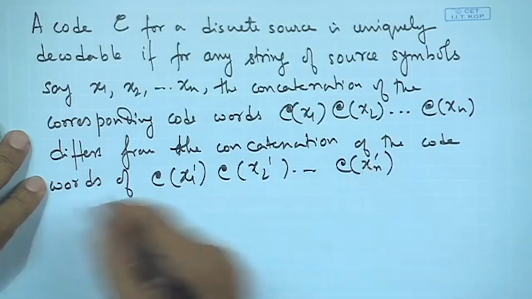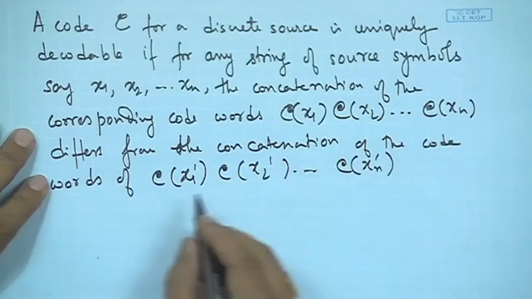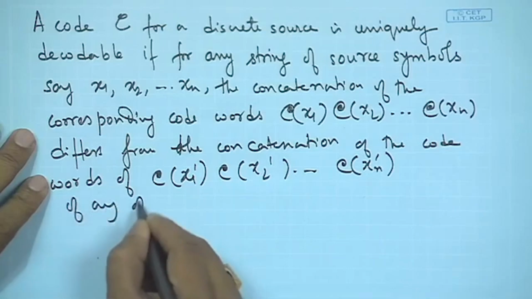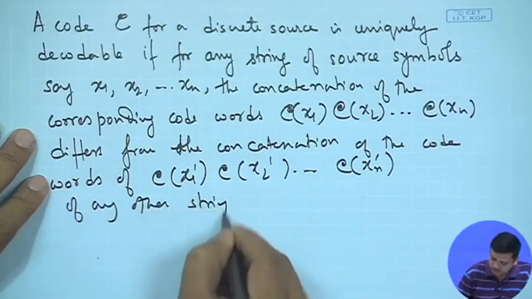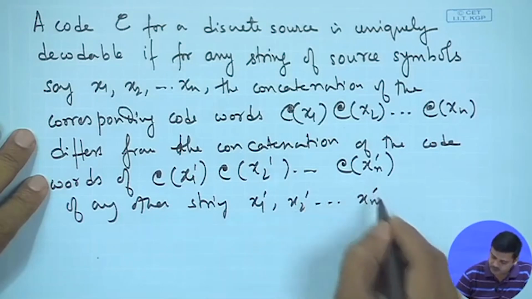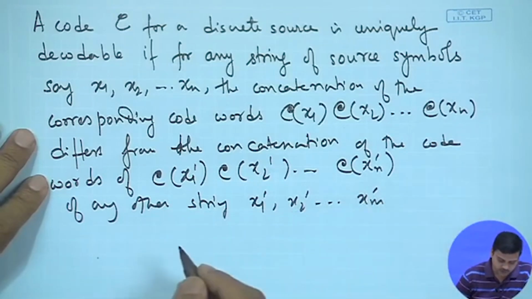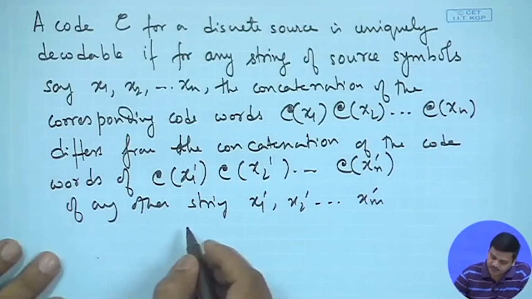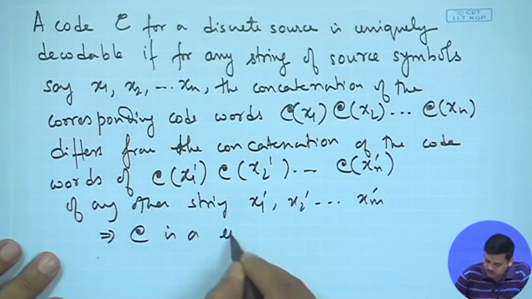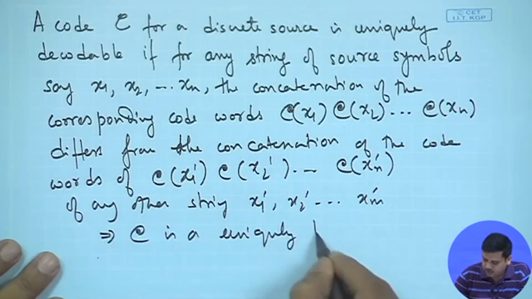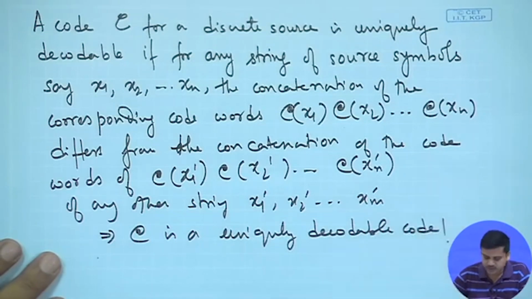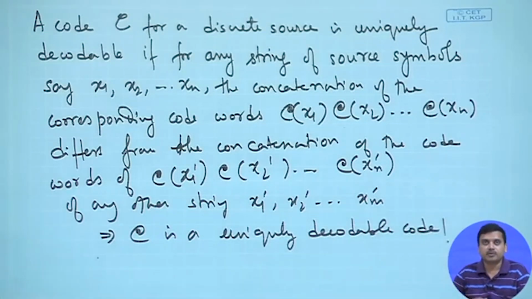By prime we mean a different choice of symbols, any other string x1 prime, x2 prime up to xn prime of source symbols. In that case we would say that C is a uniquely decodable code. Now, this is by definition of a uniquely decodable code.